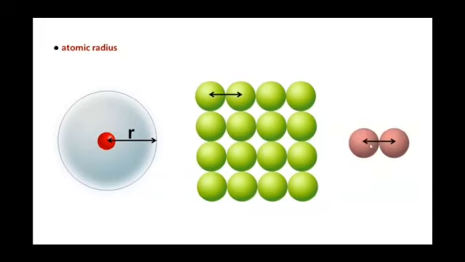Consider a homoatomic molecule bonded by a covalent bond. When you calculate the distance from the center of the nucleus of one atom to the nucleus of another and divide it by 2, we will get the atomic radius, and that radius is called the covalent radius.